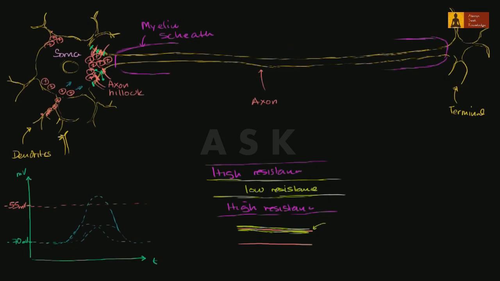And so what we could do is put gaps in it right over here, where the axonal membrane itself can interface with its surroundings. And of course, we know we call those gaps the nodes of Ranvier. I'm not really sure how to pronounce it. So let me put those gaps in here.